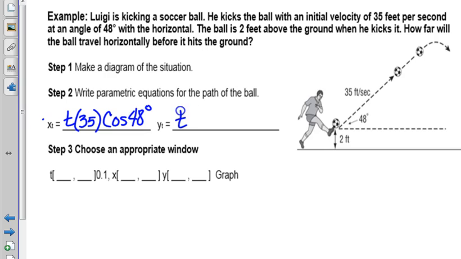Y is t times 35 times the sine of 48, and then minus 16t squared plus 2 feet above the ground when he kicks it, right?